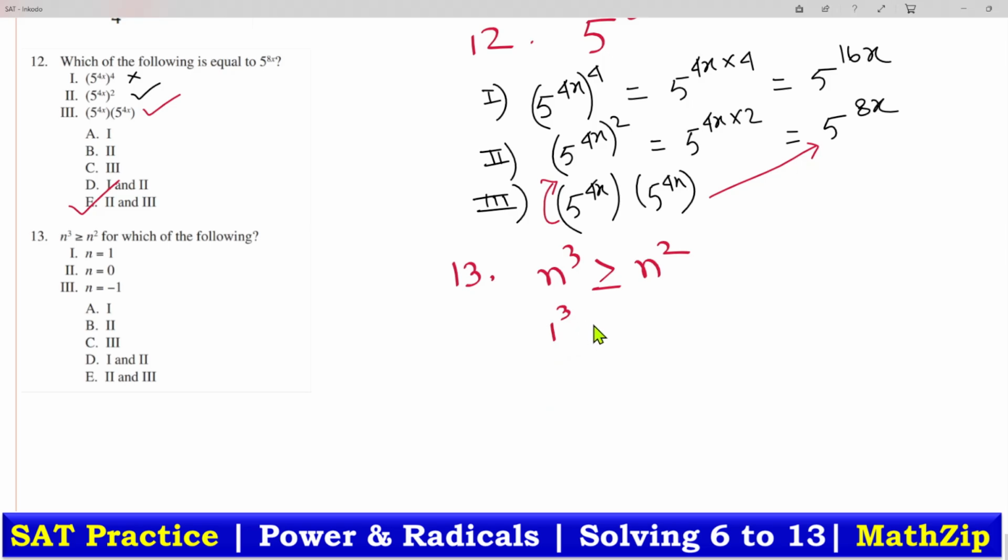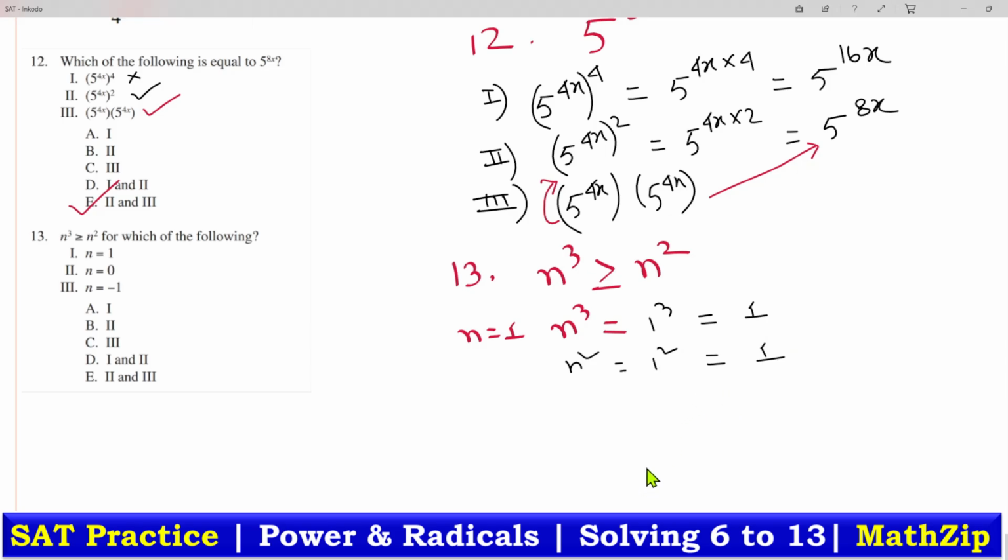If n equals 1, n cube, it means 1. N square, 1 square equals 1.